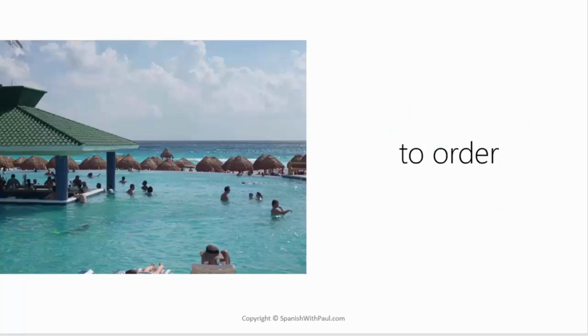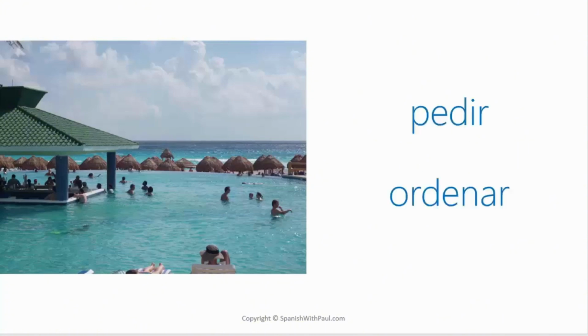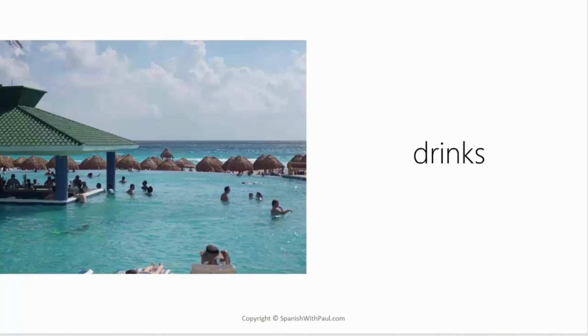For the verb to order, you have two choices. You can commonly hear or say pedir, which also has other meanings. It's almost like to request. But you also have ordenar. Now, some people mistakenly think that you cannot use ordenar for ordering food or ordering things, but indeed you can. I often hear native speakers using ordenar, so we're going to practice both. What's the word for drinks?